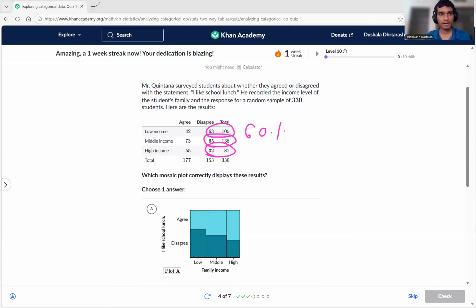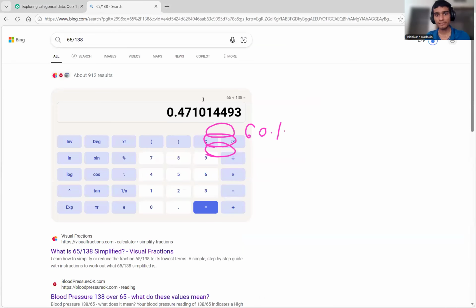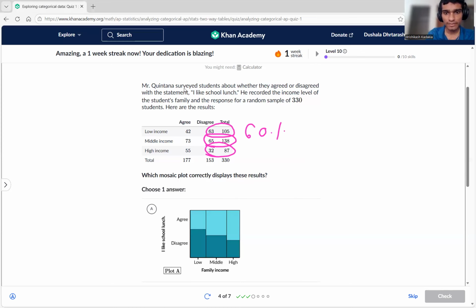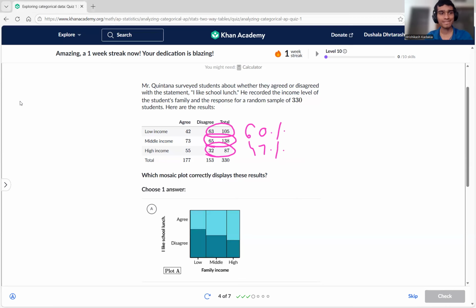What about 65 out of 138? So 47%. And what about the high income? How many don't like school lunch? It should be 32 over 87. Less than half, almost, right? Yeah, 36. Let's just keep it 36. We don't need to round into decimals. We are just trying to see which are the highest.